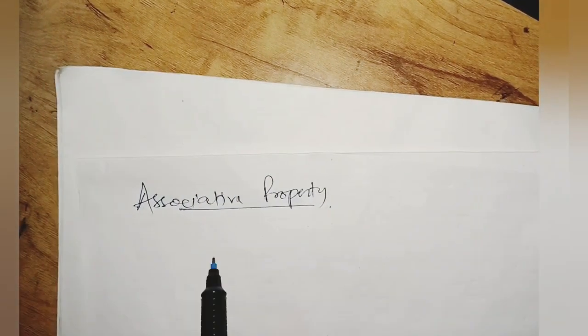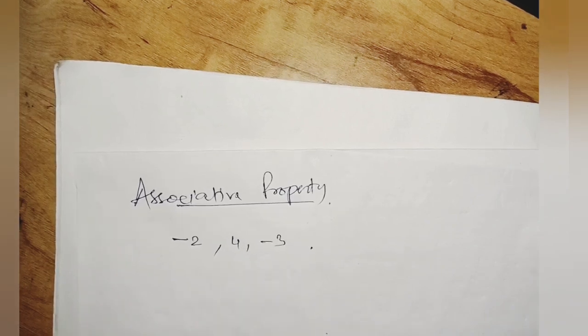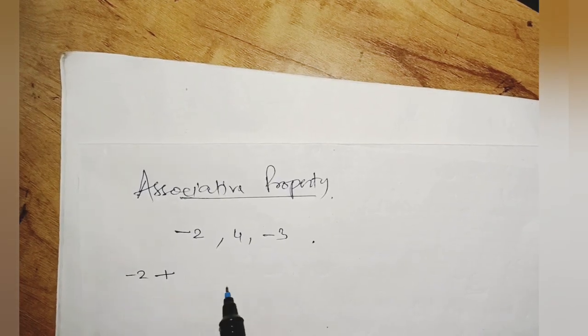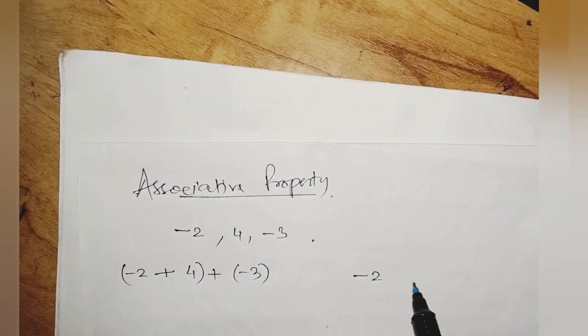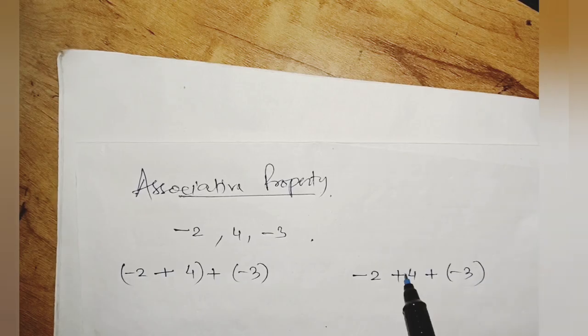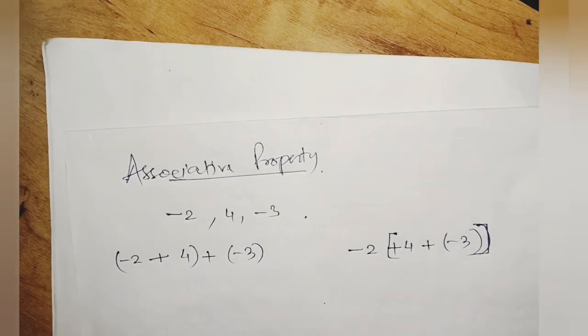Say for this, let us take any three integers: minus 2, 4, minus 3. I'm grouping them like this: minus 2 plus 4, plus minus 3, and the second one is grouped differently.